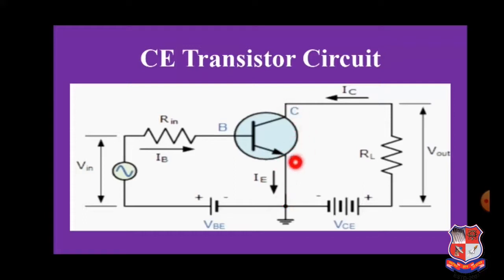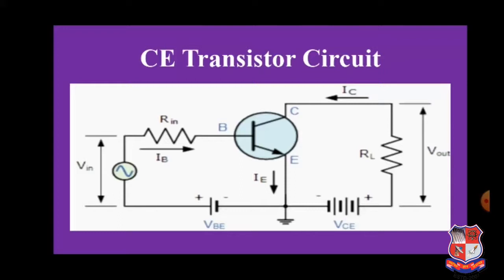Now this collector and emitter terminal will be utilized to generate the output voltage, and as you can see, the collector to emitter voltage source has also been connected with the high impedance value of this particular resistance RL, and we can also observe that the collector current is approaching the collector terminal C, and here between these 2 points we will have our output voltage.